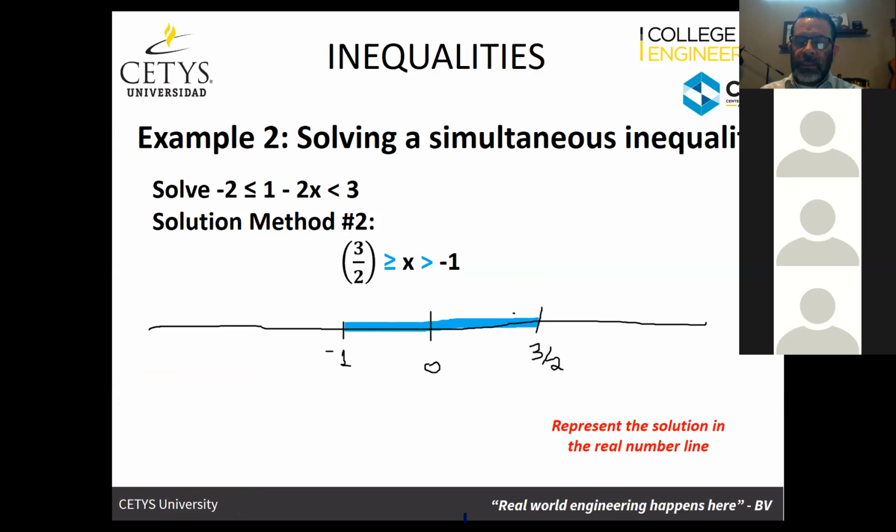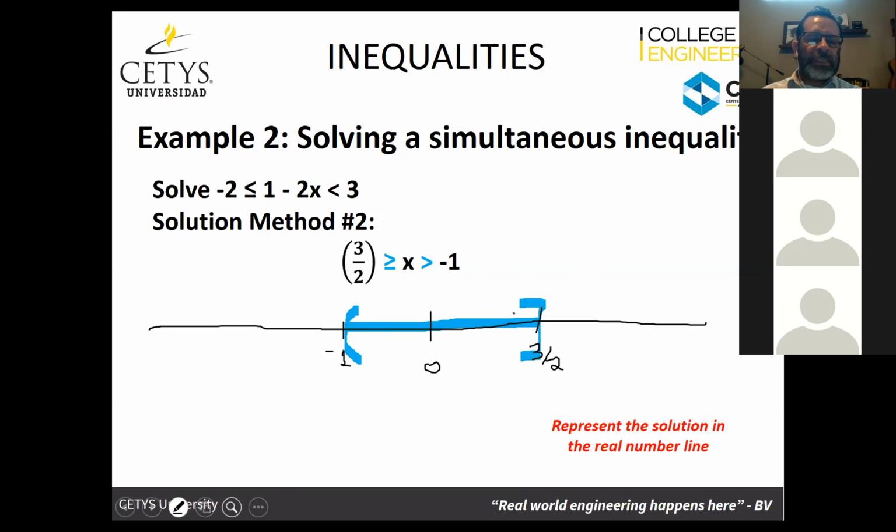Now, question. In the case of the -1, am I going to put a parenthesis or a bracket? Parentheses. Parentheses, thank you, Viviana. Correct, because it's less than, so it's going to be a parenthesis. And in the case of the 3 halves, or 3 divided by 2, is it going to be a parenthesis or a bracket? Bracket. Bracket, correct, because it's got an equal. So here we're going to have a bracket.